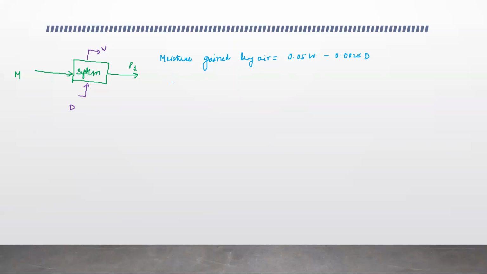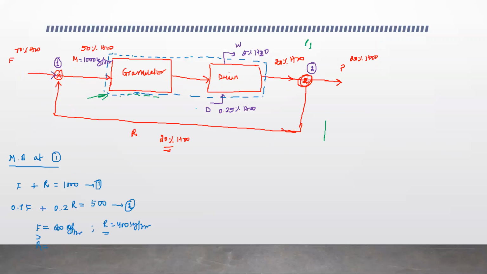Okay, and moisture lost is basically 50% of M, sorry, the moisture that was present here, that is 50% of M, 500 kg per hour, minus the moisture that is present in P1, so that is 0.2 into P1. Okay, that is what we have, right?